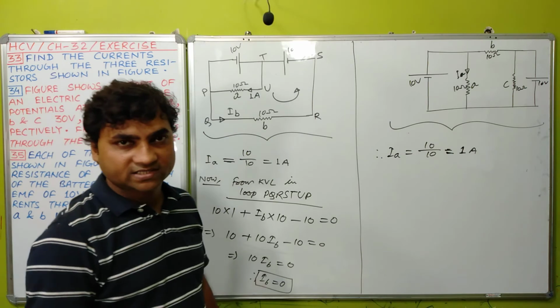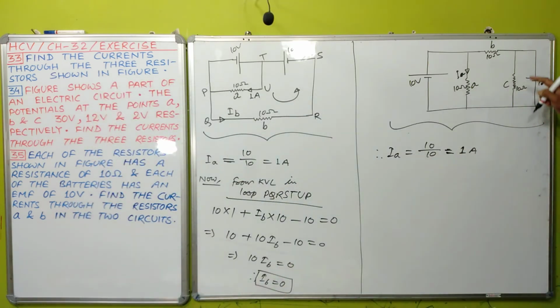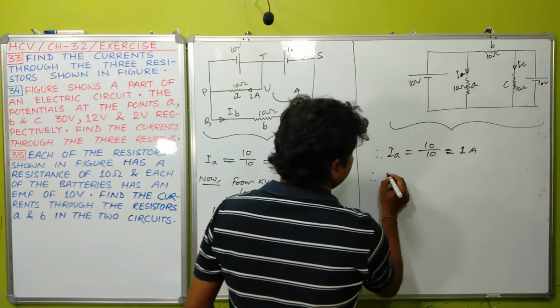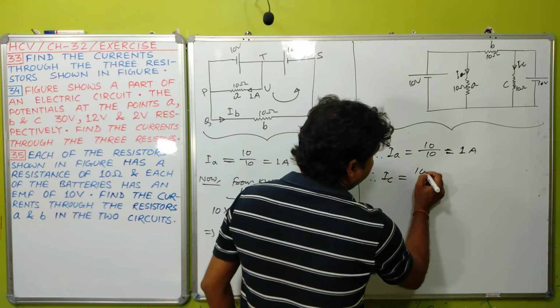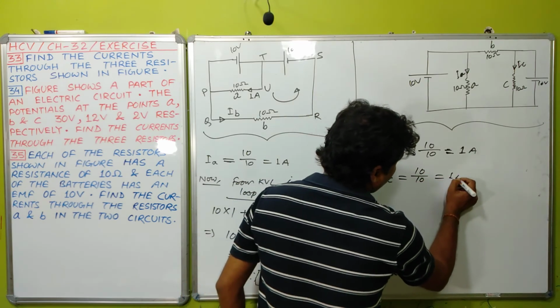And similarly the current flowing through this resistor C will be IC, exactly the same situation, 10 volt by 10 ohm. From Ohm's law you can write IC equals 10 by 10 equals 1 ampere.